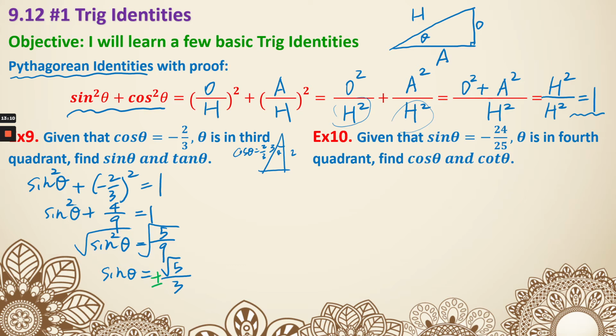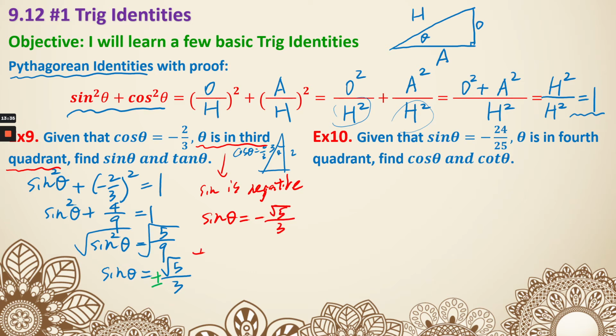The last thing, the question is not done, is that theta is in the 3rd quadrant. You look at your unit circle, inside the 3rd quadrant, sine is negative. Which means in our final answer, we are only going to keep the negative, which is negative square root of 5 over 3.